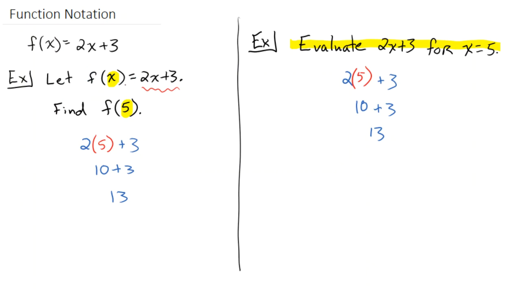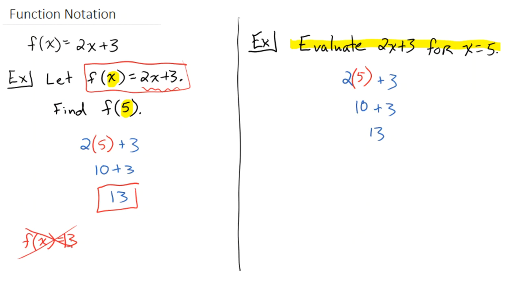But I want to emphasize here that this is f of x. What we found down here is f of 5. So you would not want to do this. f of x does not equal 13. f of x equals 2x plus 3. So if you do that, you'll be counted wrong for it, because f of x is not 13.